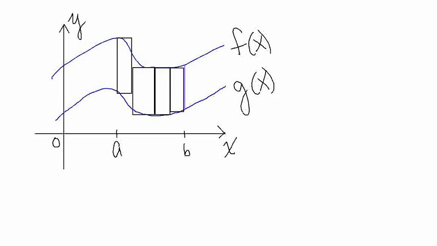Can you see that the height wouldn't be f of x for any value of x for any rectangle, and it wouldn't be g of x for any of the rectangles, but it would correspond to the difference of the two functions? Okay, so all of that is to say that the area that I am discussing is equal to the following integral. The integral from a to b of the difference between the functions f and g.